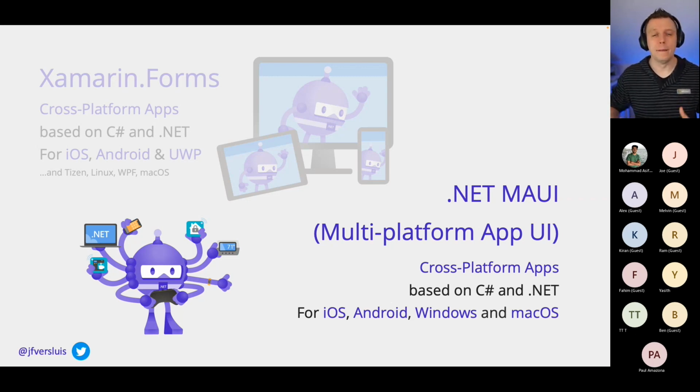That's not going away, but now for iOS, Android, Windows, and macOS. Before we had UWP, but UWP is not really a thing anymore. It's now called Windows because we're using Windows UI, WinUI. And you can see that macOS moved up to the main line here because we're now supporting macOS as well.